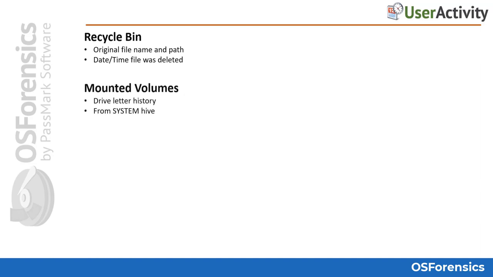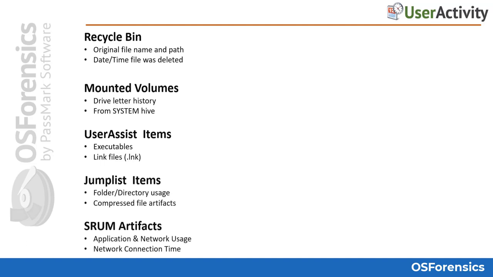Mounted volumes displays drive letter history as retrieved from the system hive. The user assist artifacts are a very valuable artifact, as this is where you will find link files and executable history. Jump list items and SRUM artifacts will include lots of information on accessed folders and files. And then the SRUM artifacts are one of the more recent additions to this module.